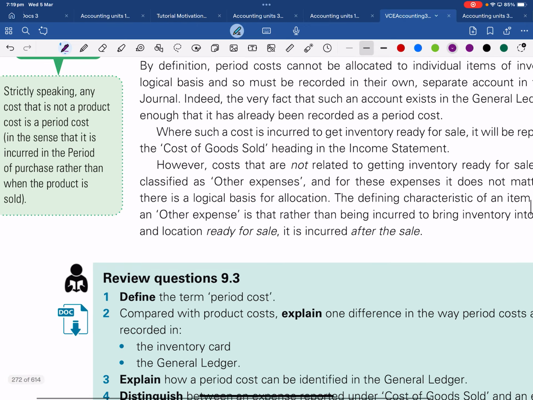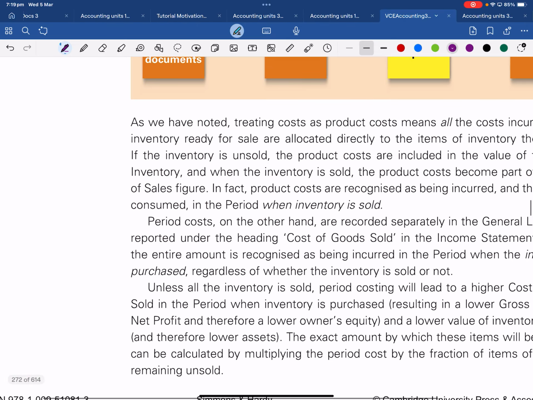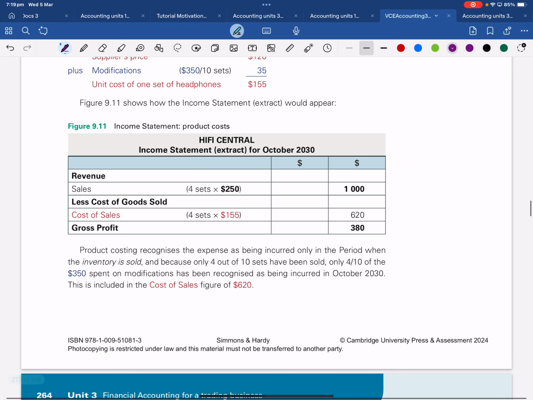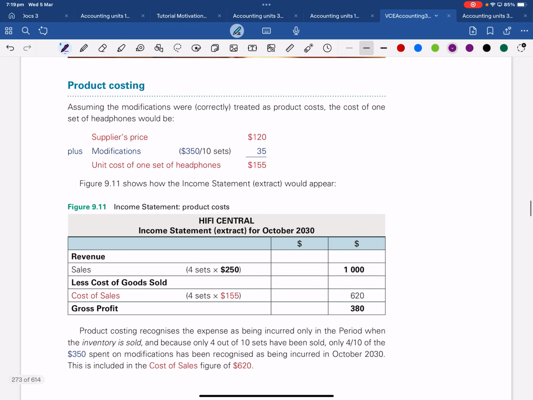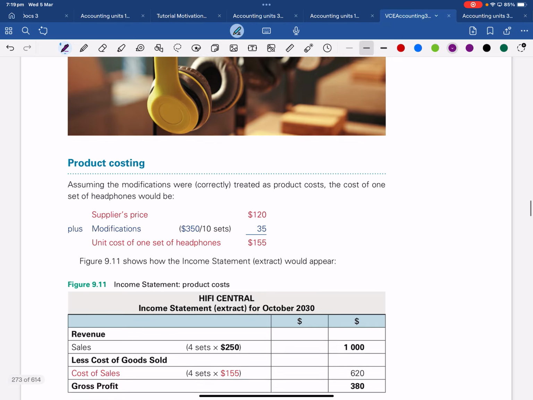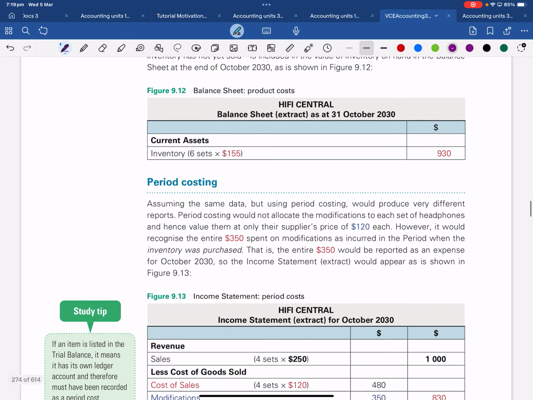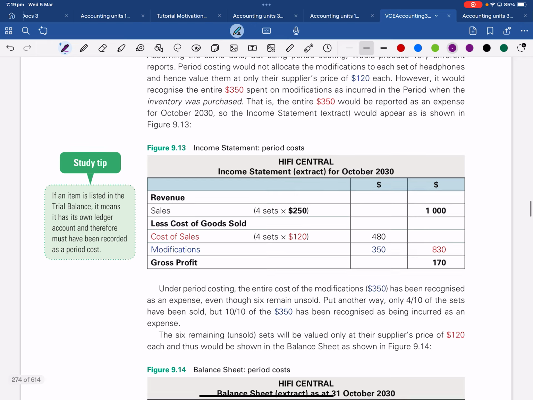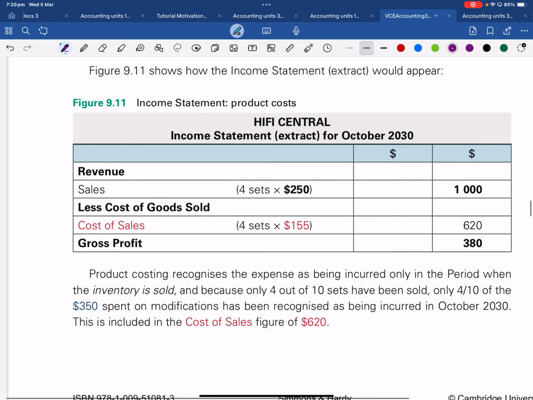Then if you prepare the income statement, we will report it separately. This is a different one, right? If you prepare the income statement, guys, we report it separately after the cost of sales.